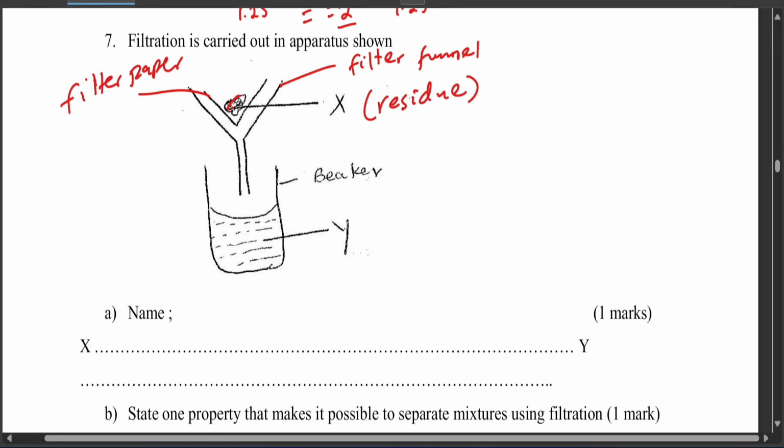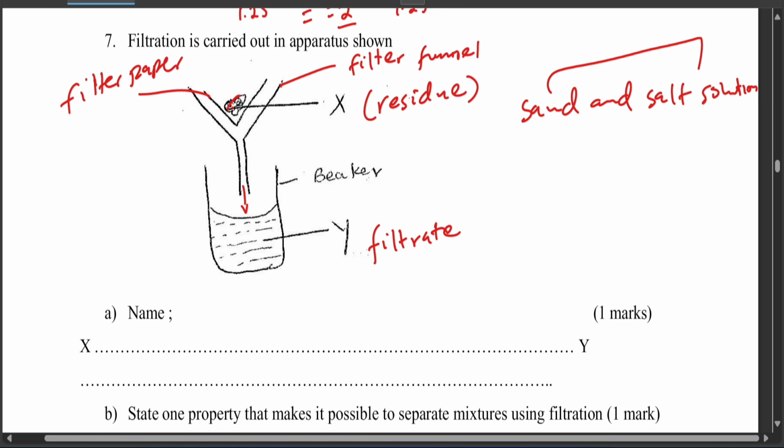And the one that passes through the filter paper and enters the beaker, we call that substance the filtrate. So for the case where you want to separate sand and maybe salt solution, when you mix those two in water, the sand will become the residue and the salt solution will become the filtrate.